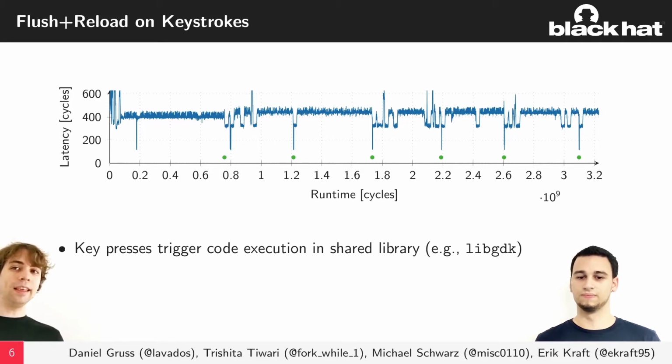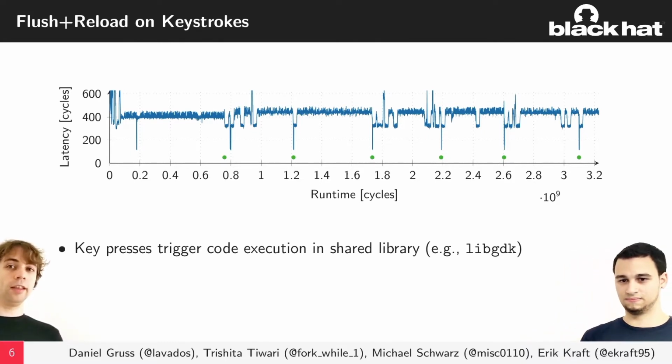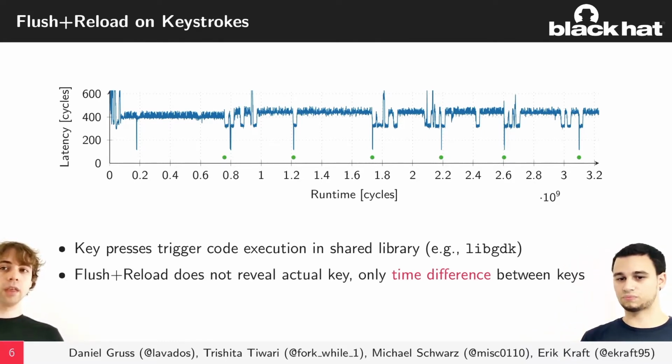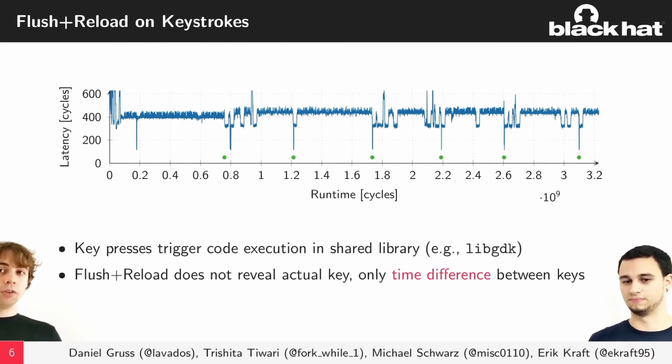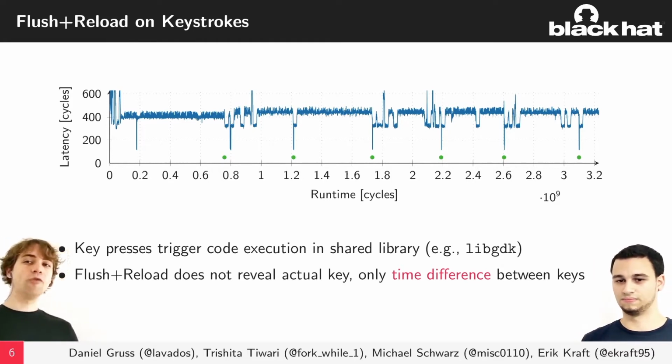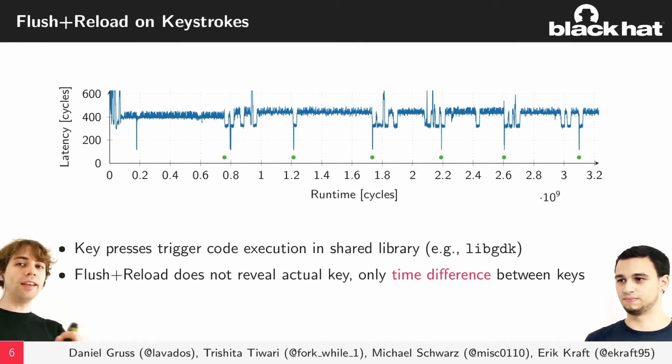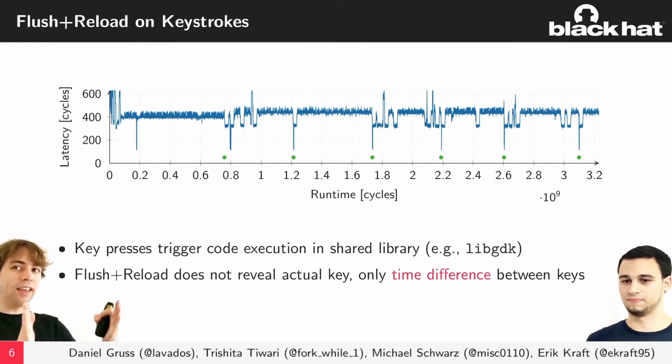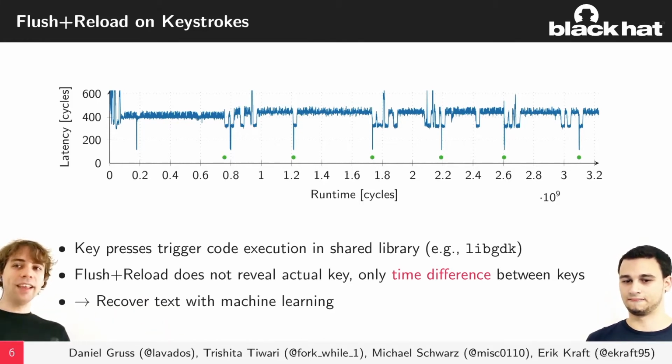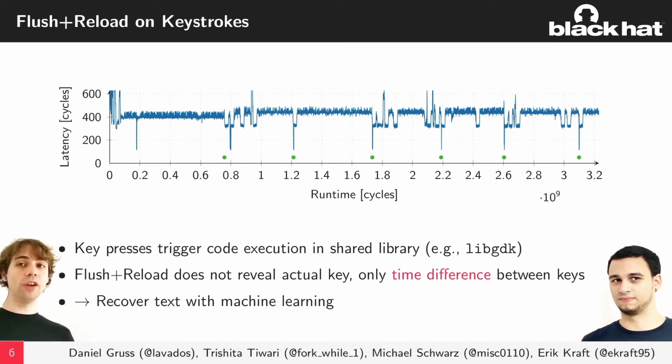You can clearly see the keystrokes in this trace just based on the side channel attack. So this is flush and reload, and it does not really reveal the actual key, but it has a timing difference between the keystrokes here. And this you can use to actually leak data, for instance, by using machine learning and learning what the inter-keystroke timings are.